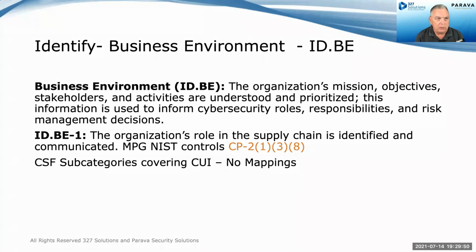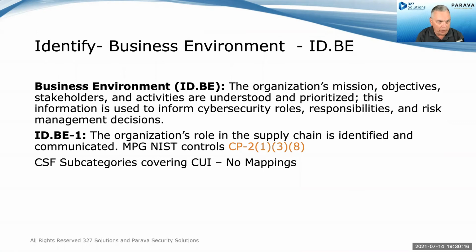The next category is business environment. So with your business environment, you're going to be defining your organization's mission, objectives, stakeholders, and activities so that we can better understand and prioritize them. We're going to take that information and use it to inform cybersecurity roles, responsibilities, and risk management decisions.